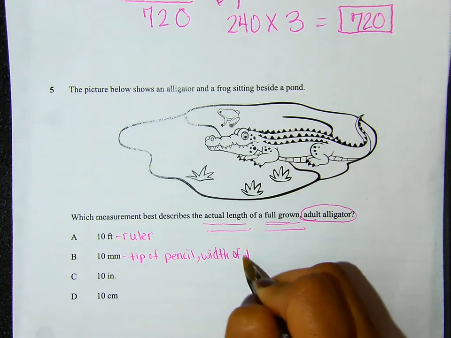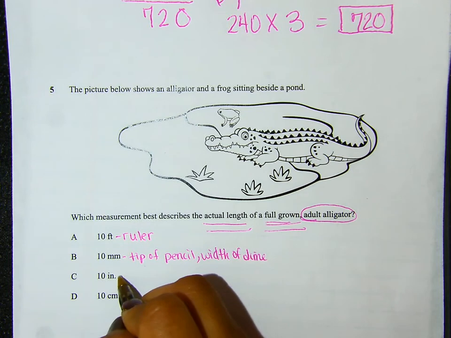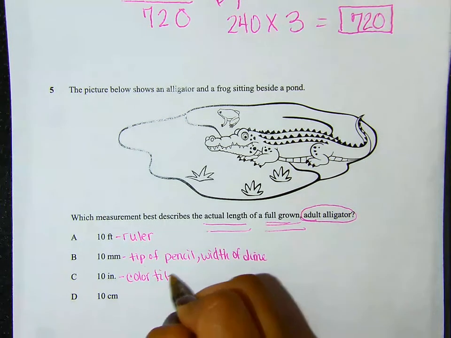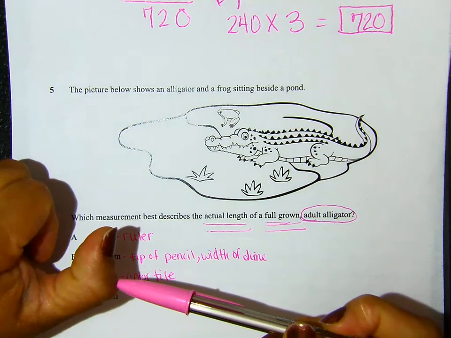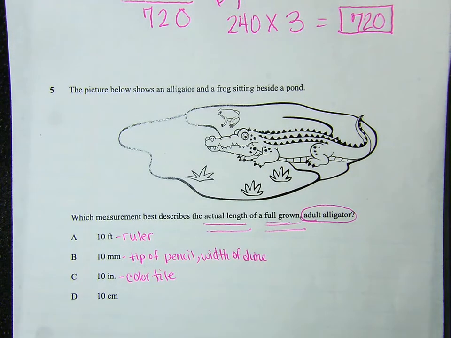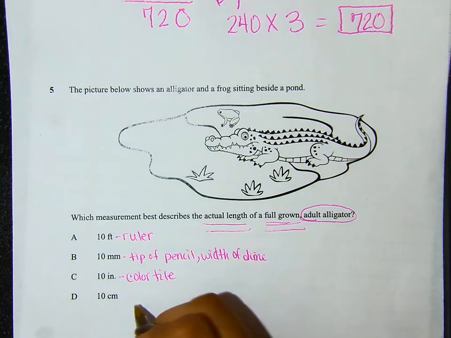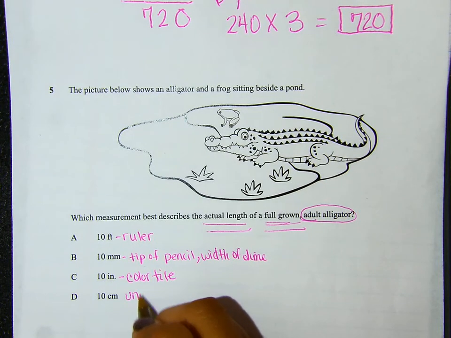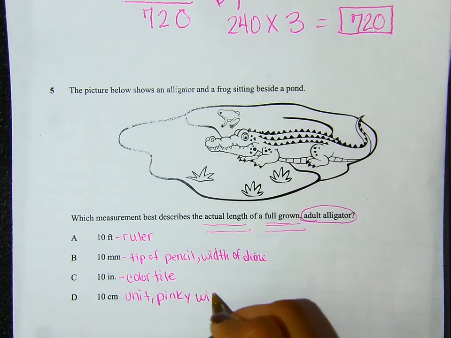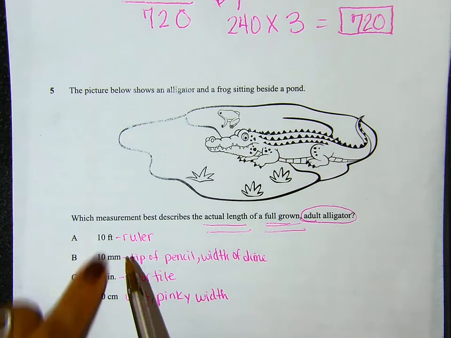So it's a very small unit of measure. Inches, a color tile, or we said the first joint on your thumb. And then we have centimeters. The centimeter is about a unit or pinky width. Now let's look, and they're all 10.